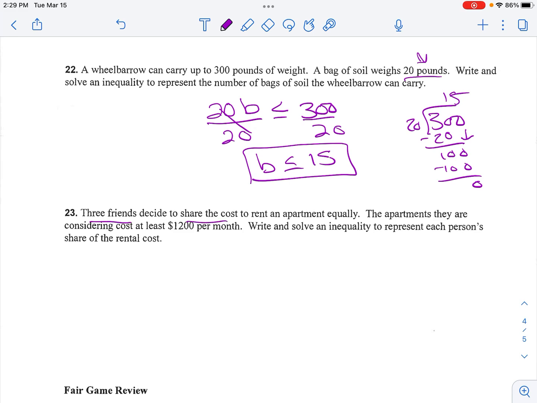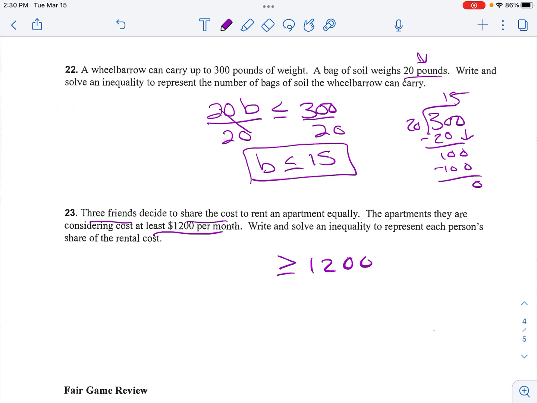3 friends decide to share the cost to rent an apartment. The apartments they are considering cost at least $1,200 a month, meaning greater than or equal to $1,200. At least. We're going to write and solve an inequality to represent each person's share of the rental cost.